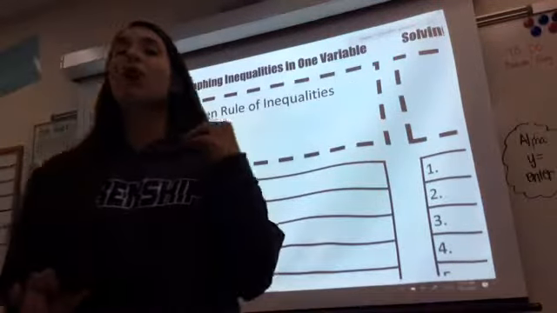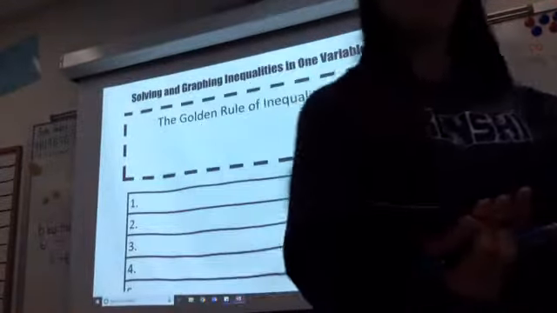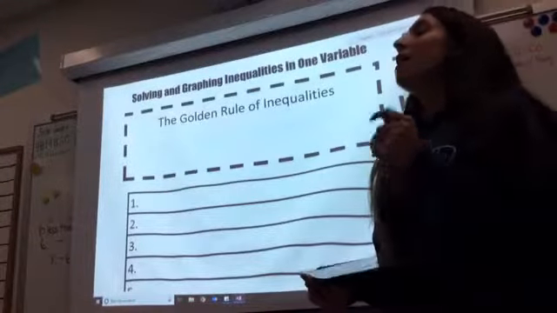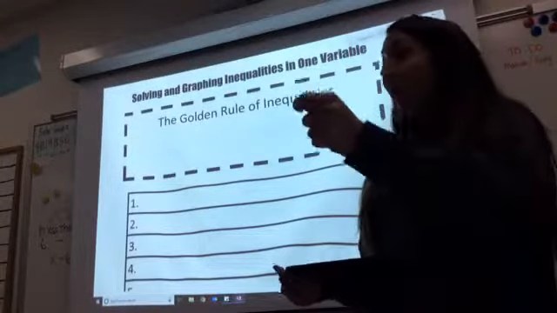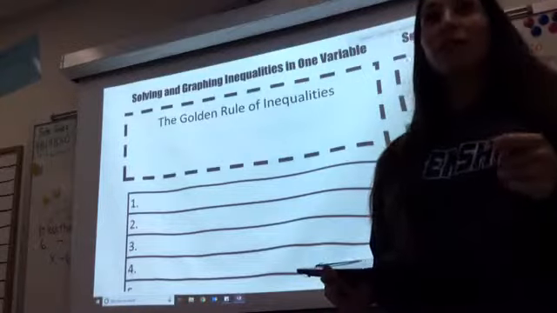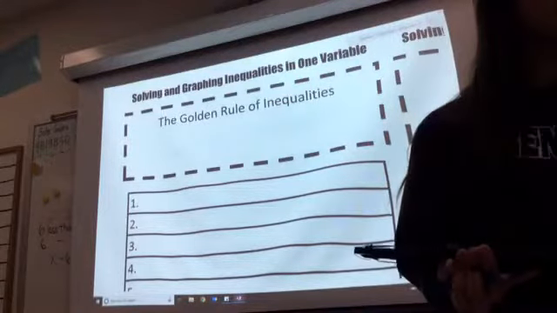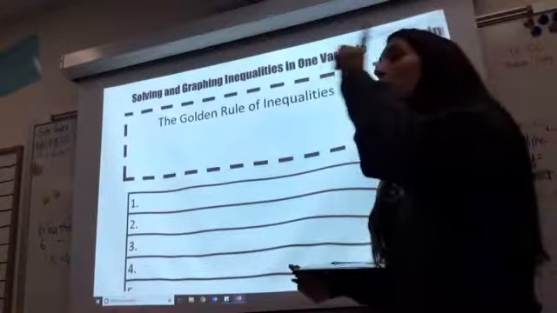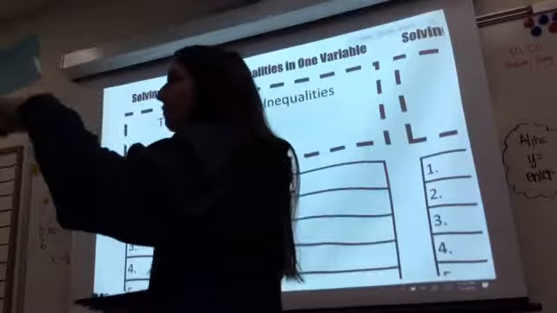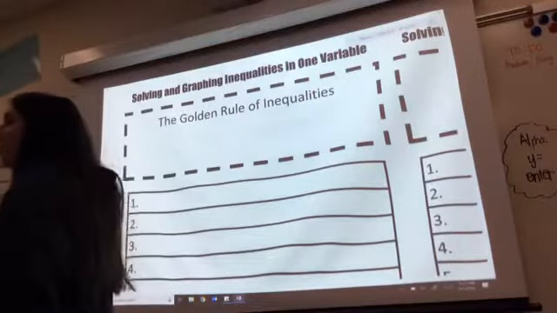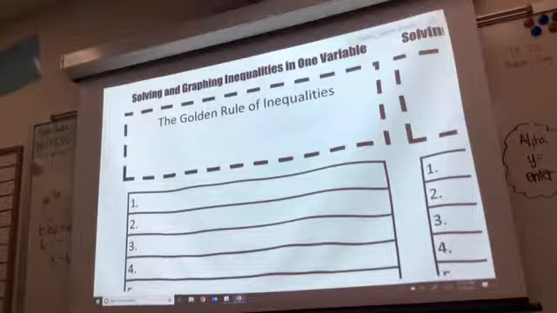Because when we are solving equations, guys, give me your attention. If it said x equals 5, then what was your answer? 5, right? Equations give you one answer. Inequalities are going to give you many answers, because it might say x is less than 5.